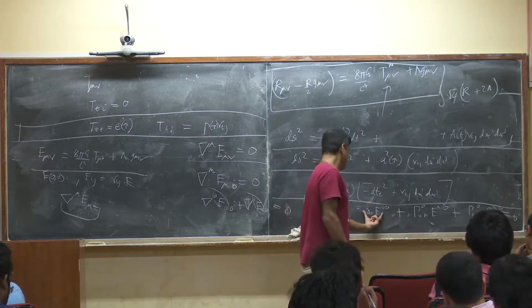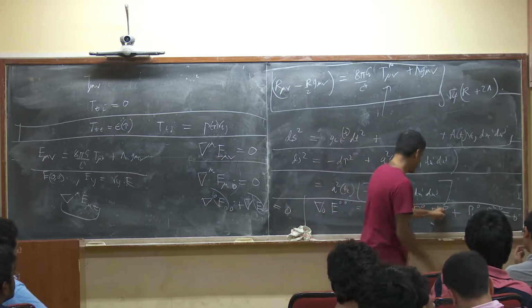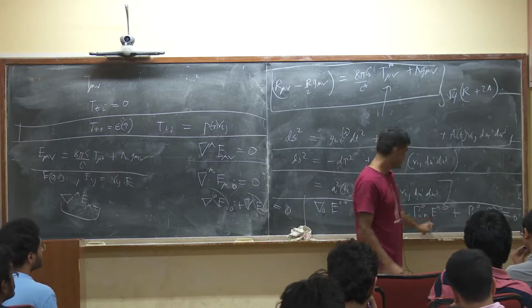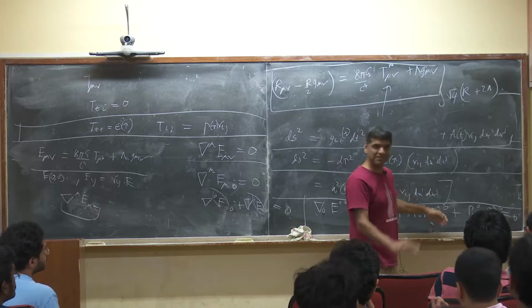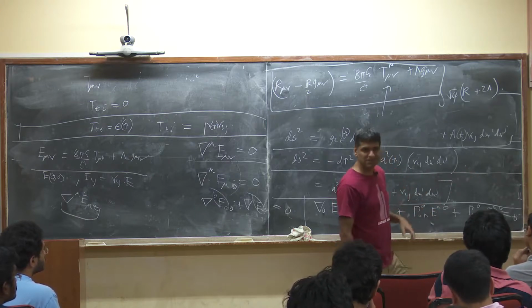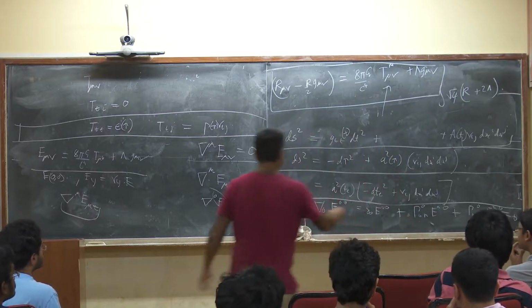Now this guy is whatever it is. It's the time derivative of E00. This m runs over both 0 and I. When it runs over I, we get 0 because EI0 was 0. When it runs over 0, we have to check gamma 0 0 0. Will it be non-zero?